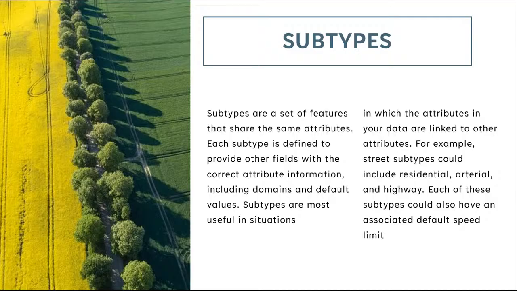So basically, subtypes are more like a categorization. You try to categorize it such that, okay, roads, now we have major roads, minor roads, highway, arterial, residential, and all that. Now on the streets subtypes we have residential, arterial, and highway.